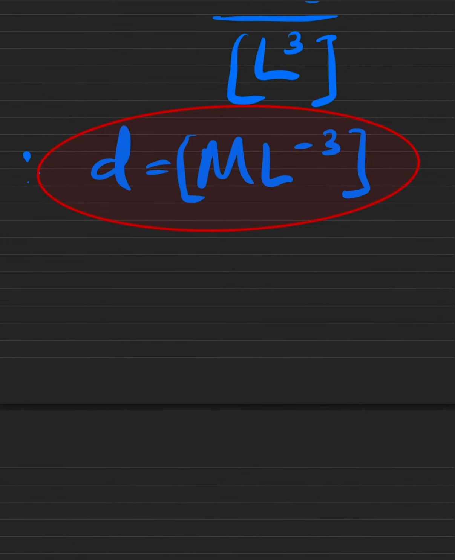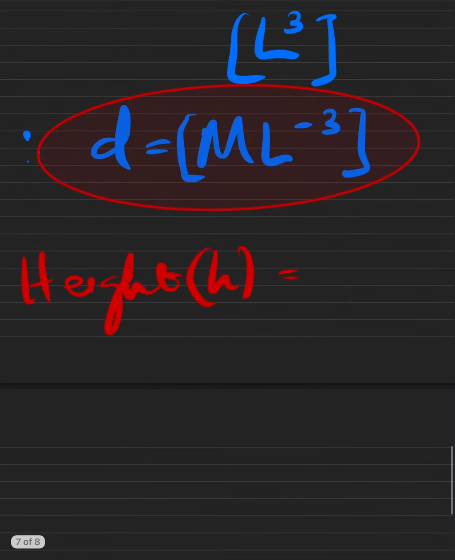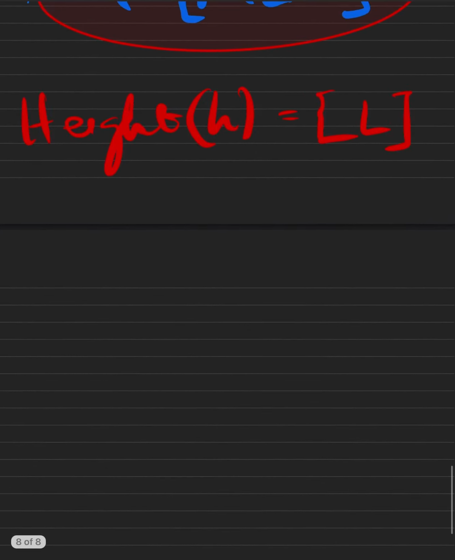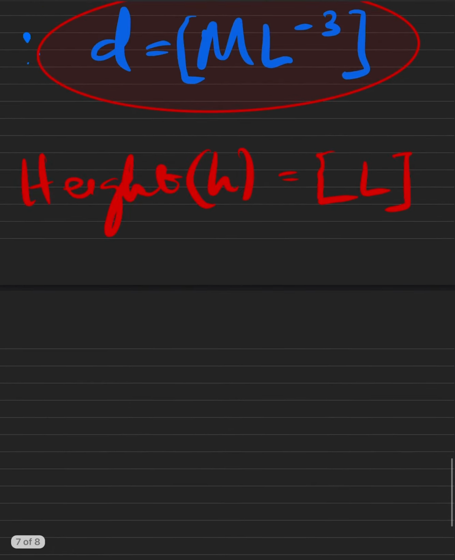So we can say that the height h is going to give us just L. That's all. It's regarded as length, right? So you can just conclude that h is equal to L, and that is all.